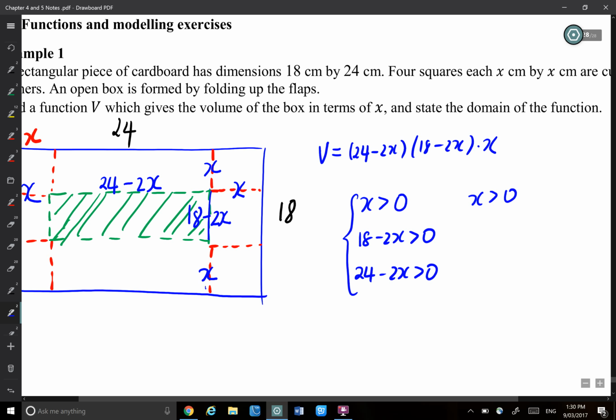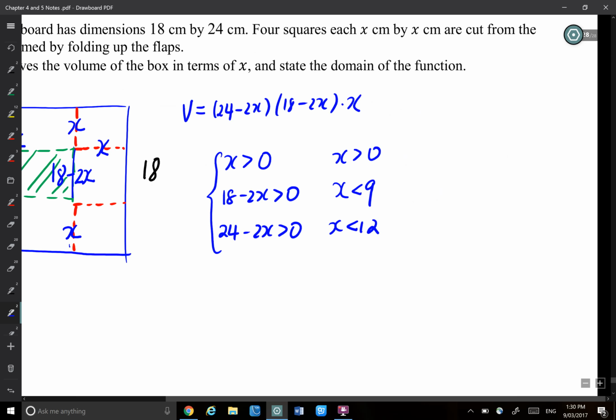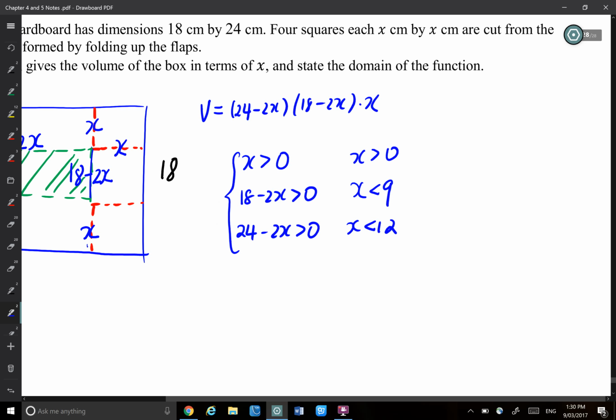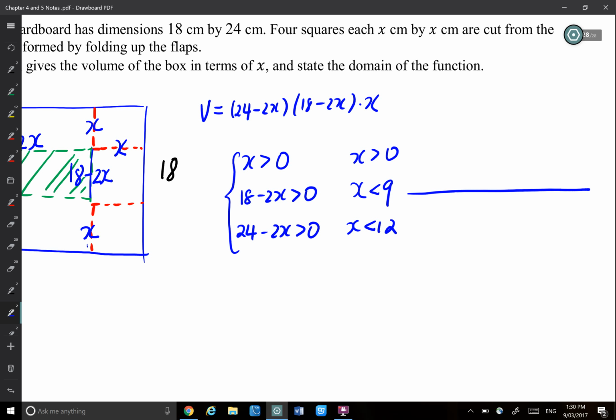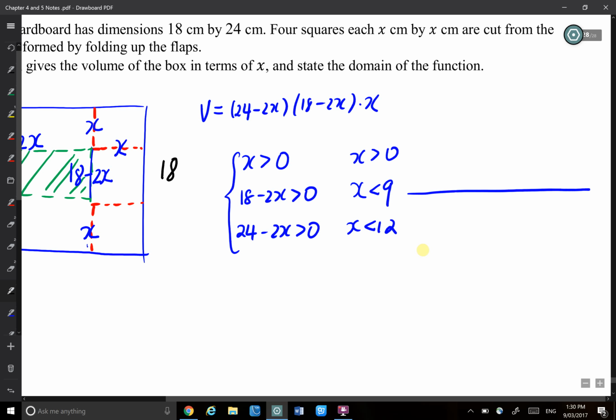Then height greater than 0 is x greater than 0, x smaller than 9 is here, and this is x smaller than 12. So you have 3 sets of values, but I need to find the intersection, because the intersection gives all of them greater than 0. So we will have 0 here, 9 here, and 12 here.